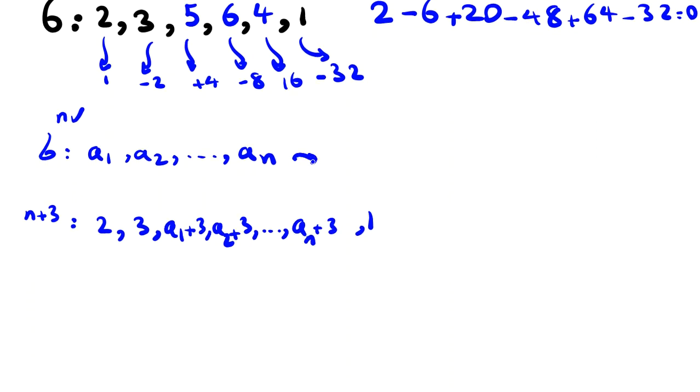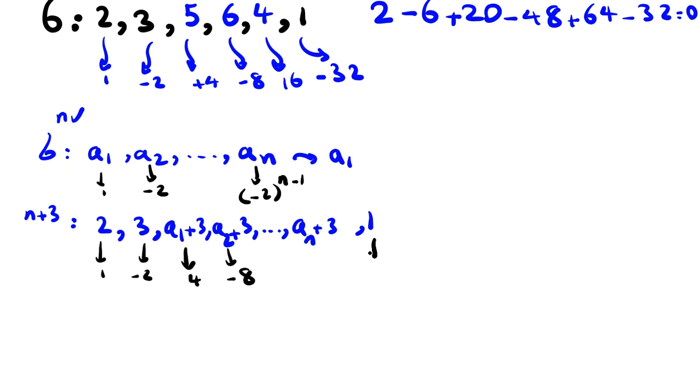How? Here I say, okay, the first one we multiply by 1, the next one by -2, the next one by 4, and this one by -2 to the power of n minus 1. For this part, 1, -2, but here you multiply this one by what? By 4. This one by what? -8. And this one, it is n plus 3, so -2 to the power of n plus 3 minus 1, n plus 2.